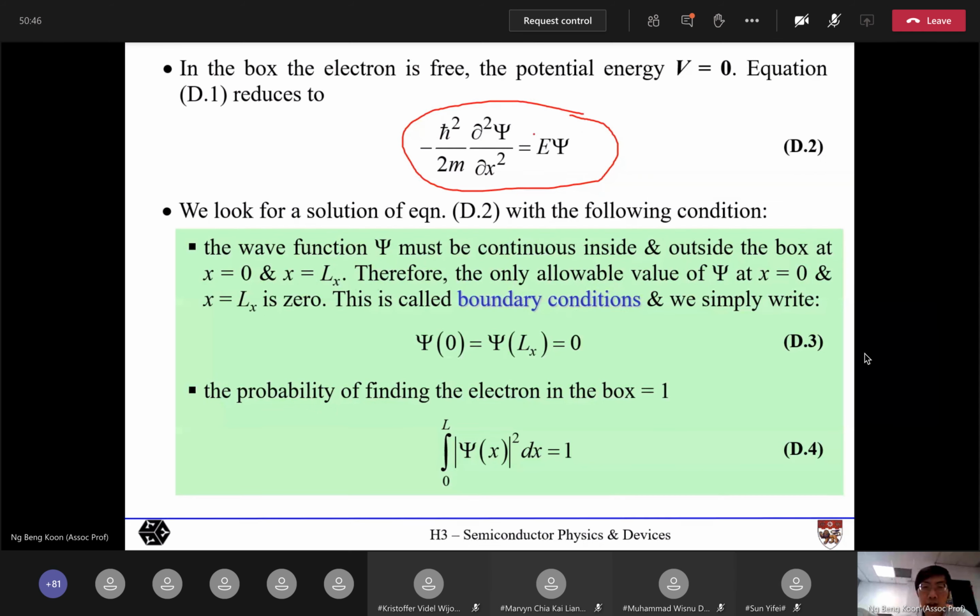In order to solve this, we are solving for the psi value, the wave function, and the energy term. These are two things that we need to solve in the Schrödinger equation. To solve this, we can use some conditions from the case of the atom. First of all, a boundary condition at the boundary of the well.